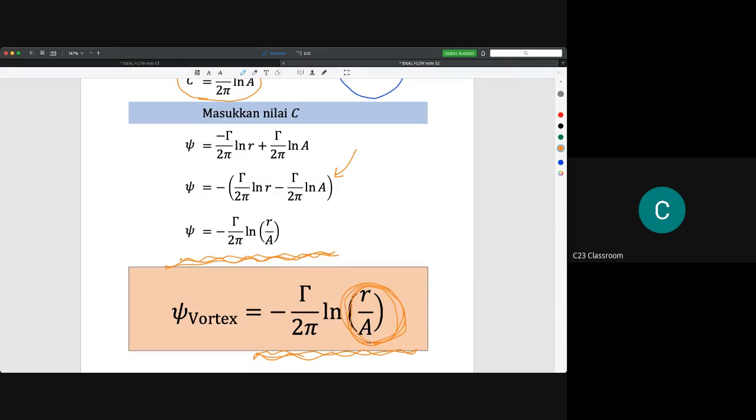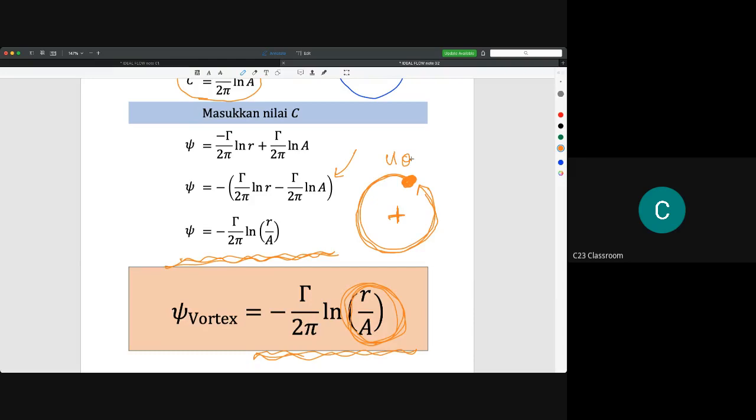Why? Because we have a vortex here. We have a circular motion here, so we have a vortex, and this is the center point. To make sure that this molecule rotates with only, untuk memastikan bahawa molekul ini hanya bergerak dalam bulatan dan hanya mempunyai u theta. Awak kena imagine, kalau dia ada dua velocity means dia akan keluar atau dia akan masuk.